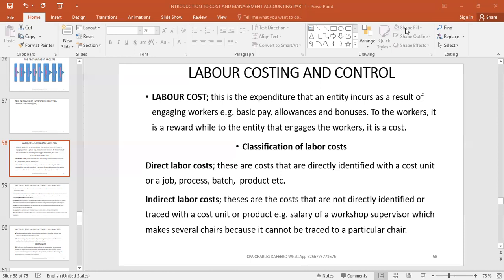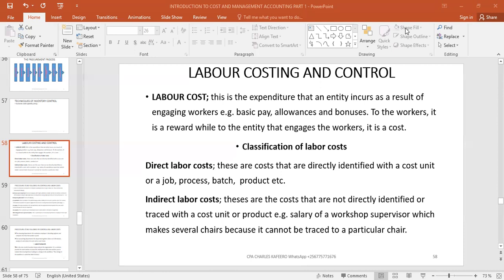But when we talk about the labor, those are the human efforts that we use in the production of items. So here we are saying labor cost is the expenditure that an entity incurs as a result of engaging workers.